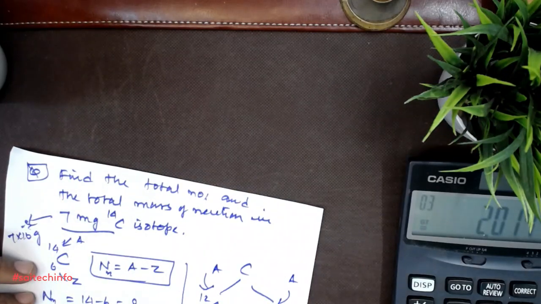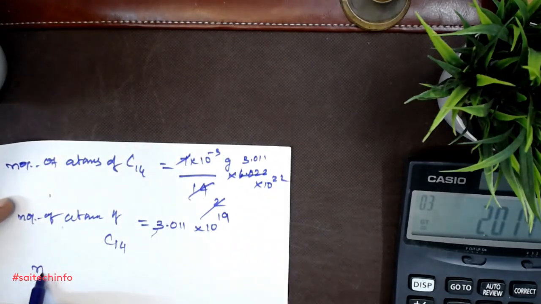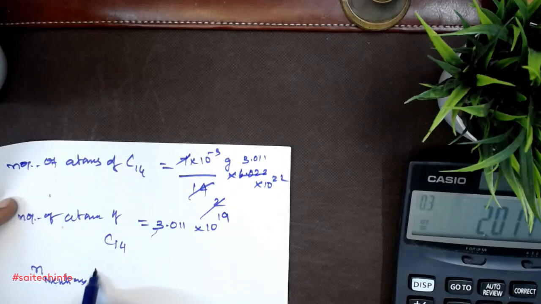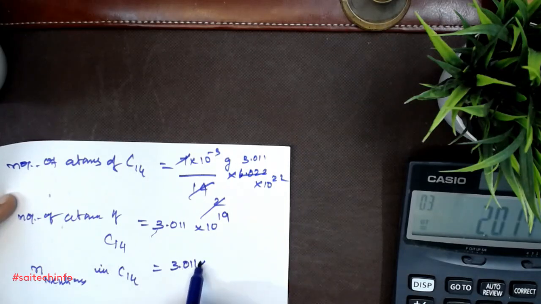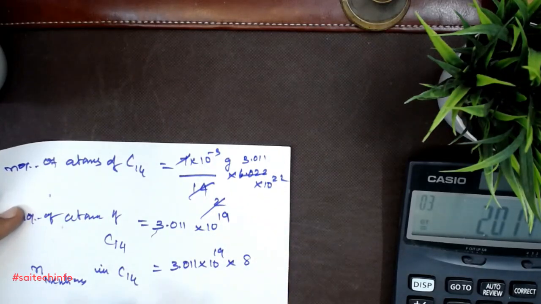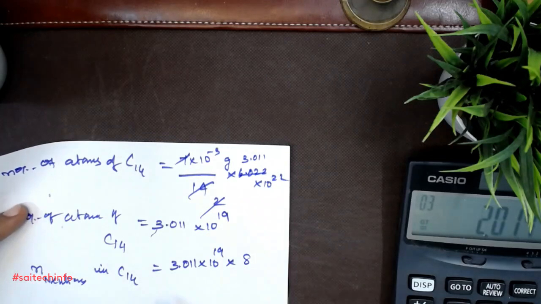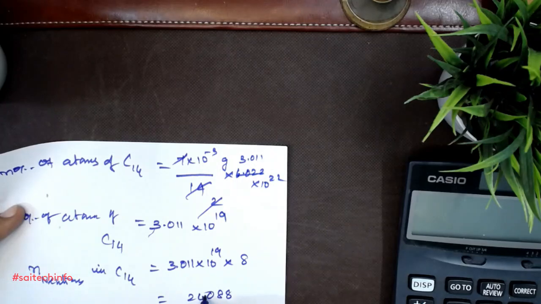For one atom we have 8 neutrons, so multiply by 8. The number of neutrons in C14 is 3.011 into 10 power 19 into 8, since each carbon atom has 8 neutrons, which is nothing but A minus Z. So that is 24.088 into 10 power 19, which is 2.4088 into 10 power 20 neutrons.